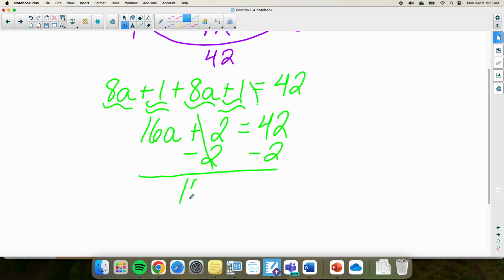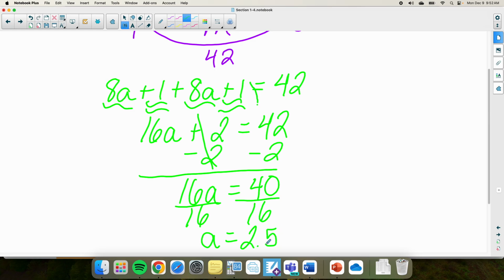So I get 16a equals 40, and then I'm going to divide by 16. And a is 2.5 when you divide that. If you ever get a decimal that's 0.5 or 0.25 or 0.75, I wouldn't be alarmed. But if you got a really ugly decimal, that doesn't happen much at all in this class.